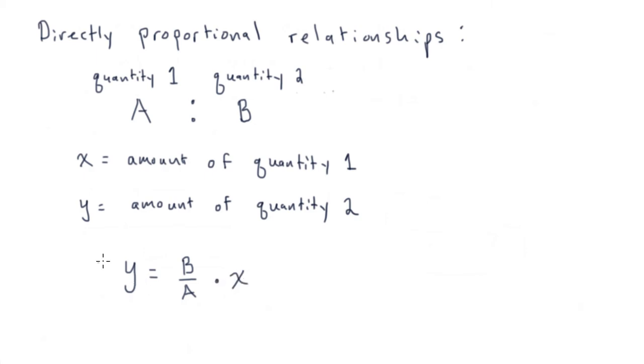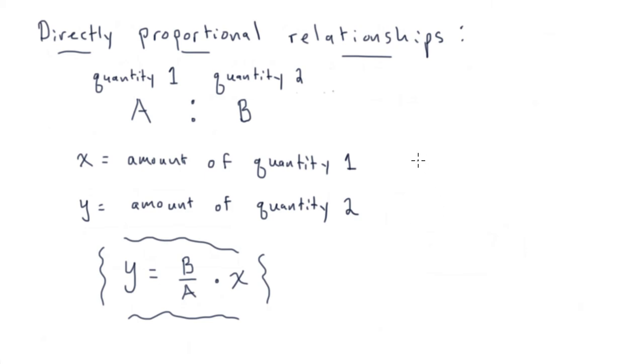Okay, so this is the equation for this directly proportional relationship. And so y and x are said to vary directly. That's one way to say it. So this number b over a, it's the value of this ratio, but it can also be thought of as a constant of proportionality or constant of direct proportionality.